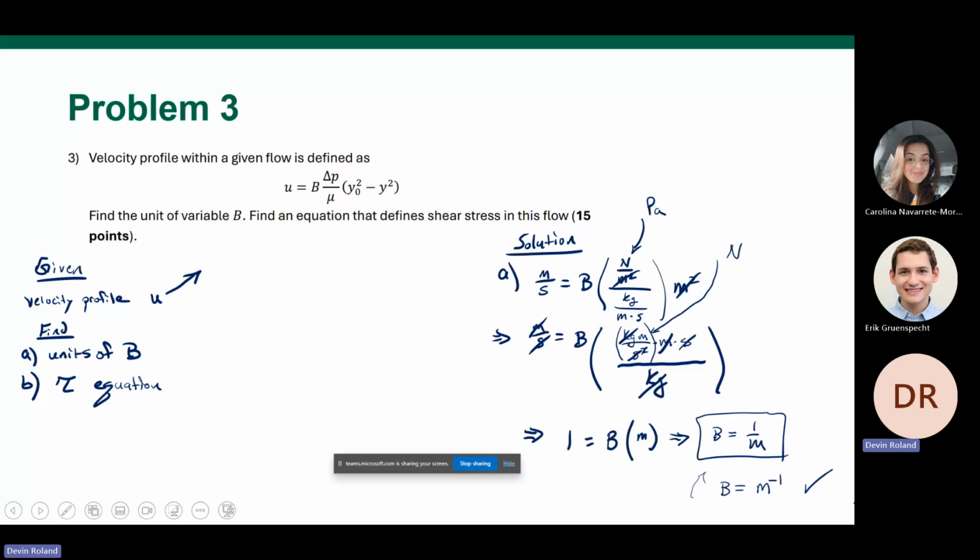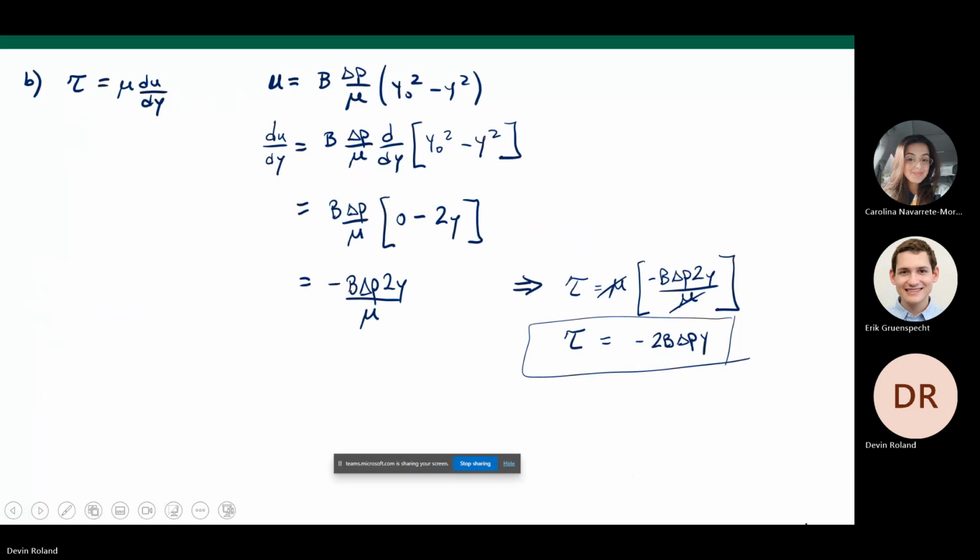Yeah, the second part. So you weren't using the m to the power of -1 for the second portion. We were just using it for the first portion. Yeah, the first portion was finding the units of B. And then this is separate.